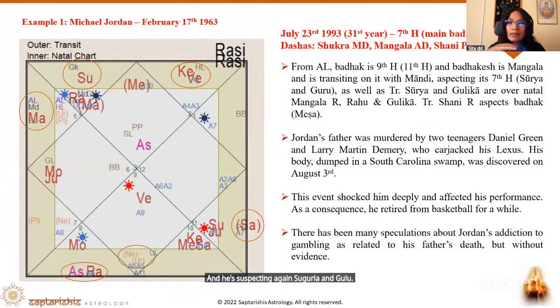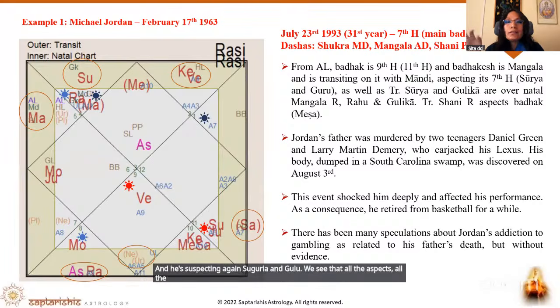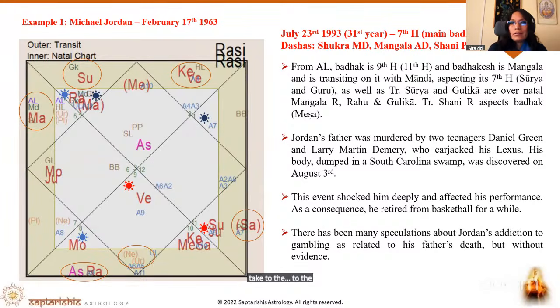We see that all these aspects, all the transits, lead to the same place, the house of the father. Transit Surya and Gulika over natal Mangala, we can see Rahu and Gulika. Transit Shani aspects Mesha, see?